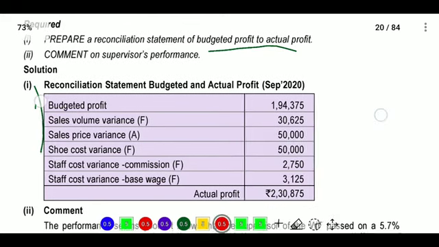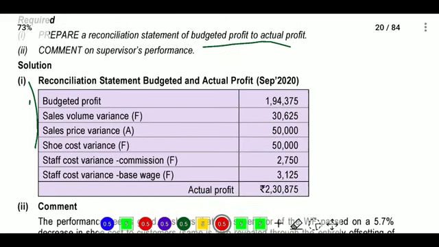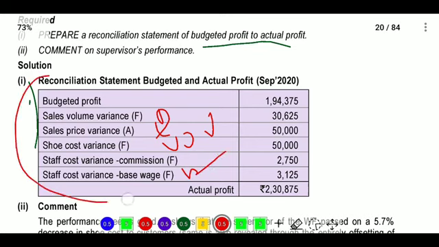From that we take the favorable or adverse variances for direct material, direct labor, direct variable overheads and fixed overheads, and we will get the actual profit. If it is favorable, we will add it, and if it is adverse, we will deduct it. Then we will get the actual profit.